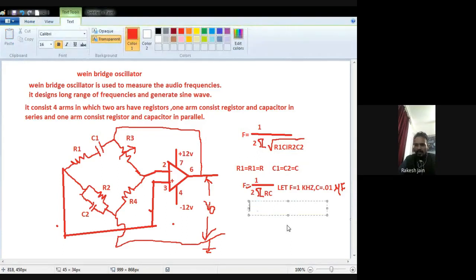Put f equal to 1000, that is 1 kilohertz, so 1 divided by 2 pi, pi is 3.14, then R, then C, and C is 0.01 microfarad, so 10 raised to the power minus 6.